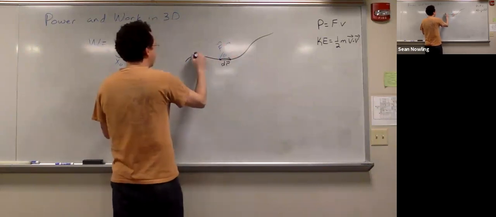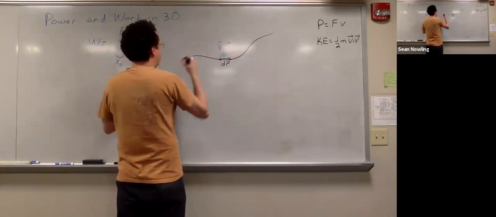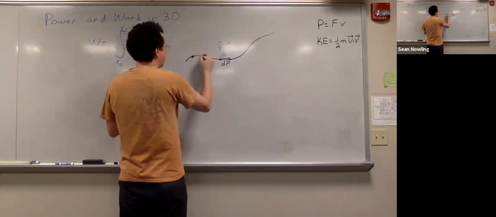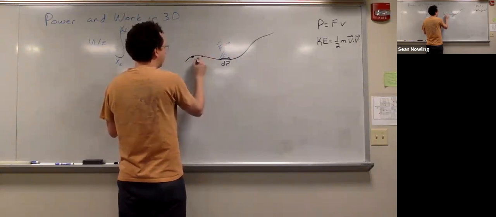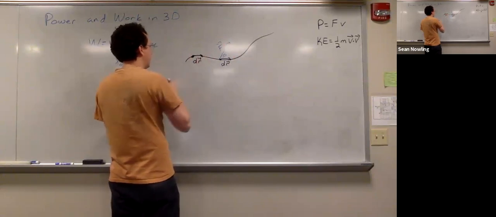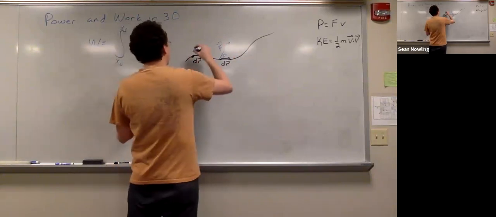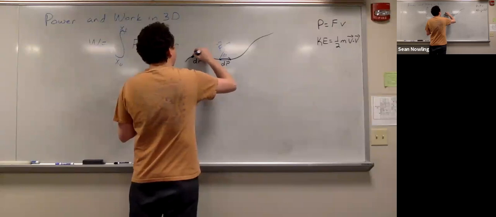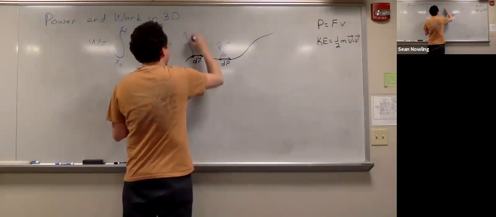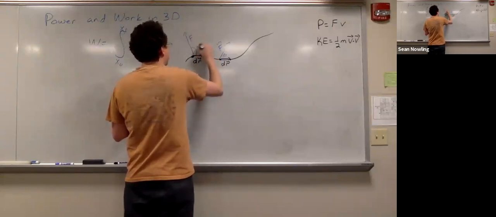And over here, things change as you move around. It's all continuously changing. Over here, dr is like that. It's a different direction, maybe even a different magnitude. And maybe over here, the force is like that, and so the angle is different.